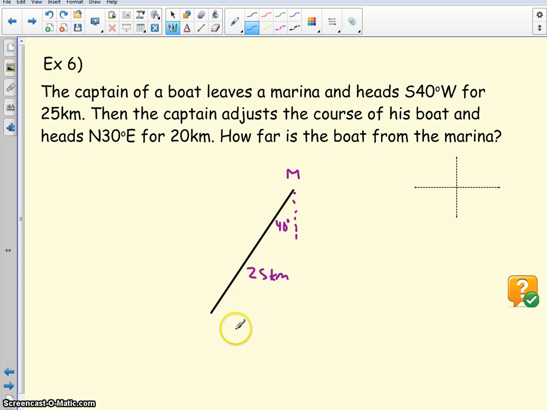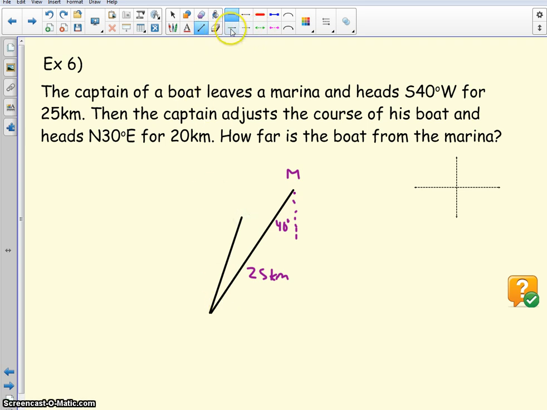Then he adjusts the course of his boat and goes north 30 east for 20 kilometers. So that's north, 30 degrees to the east. Let's do something like this. And it's only for 20 kilometers, so not as far as that 25. So let's just do it right around there.